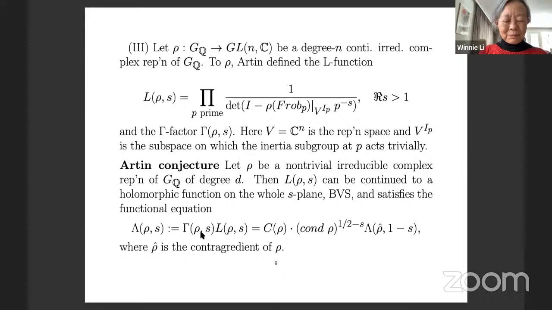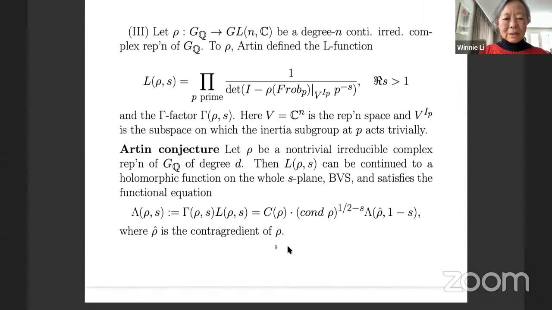After completing with the gamma factor, the resulting function will have a symmetry between rho and the contragredient of rho, and s and 1 minus s. In front of it in the functional equation, we have the exponential factor, conductor of rho to the 1/2 minus s, times a non-zero constant.